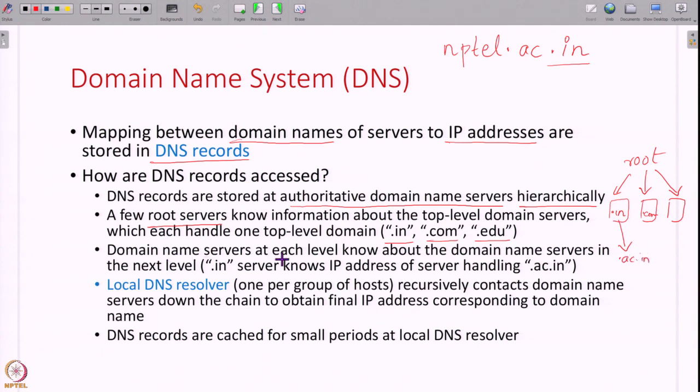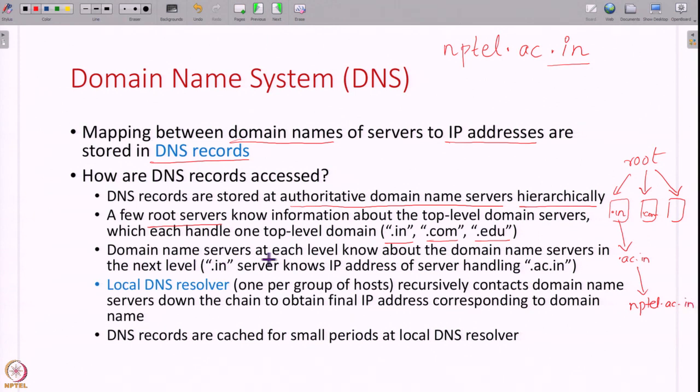Okay. So, the domain name servers at each level will know about the name servers at the next level. .in will know about all the other servers, .ac.in, .ernet.in, all those other servers, that information will be known by the .in server. And then you talk to the ac.in server, it will tell you about the nptel.ac.in server.